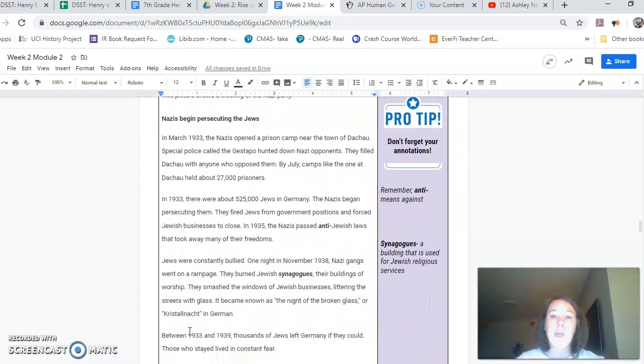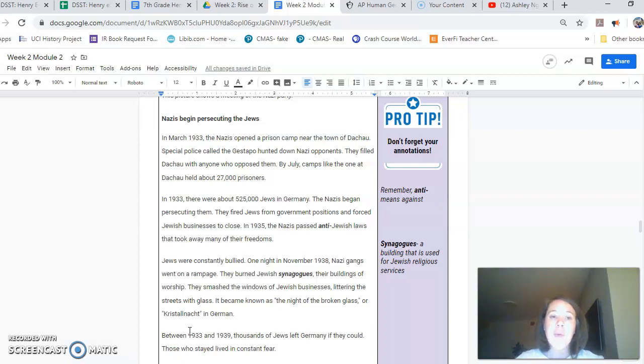Nazis begin persecuting the Jews. In March of 1933, the Nazis opened a prison camp near the town of Dachau. Special police, called the Gestapo, hunted down Nazi opponents. They filled Dachau with anybody who opposed them, and by July, camps like the one at Dachau held more than 27,000 prisoners.